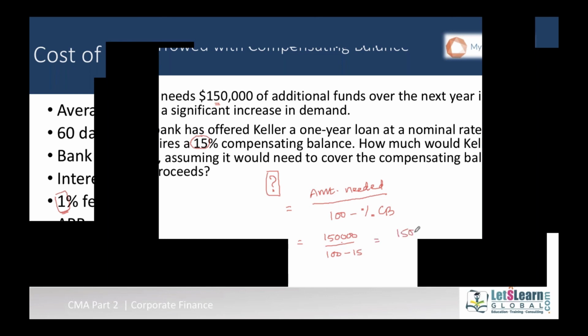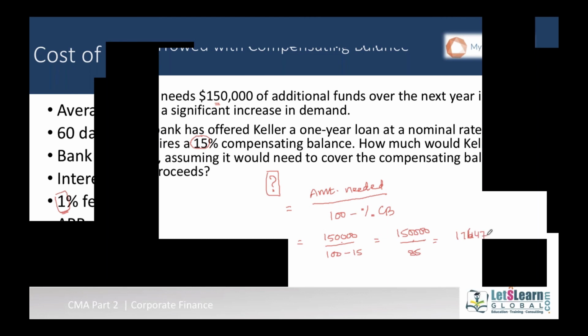So 150,000 divided by 85 will give you 176,470.5 or something like that. So if you borrow 176,471, in your hand you will get 150,000.